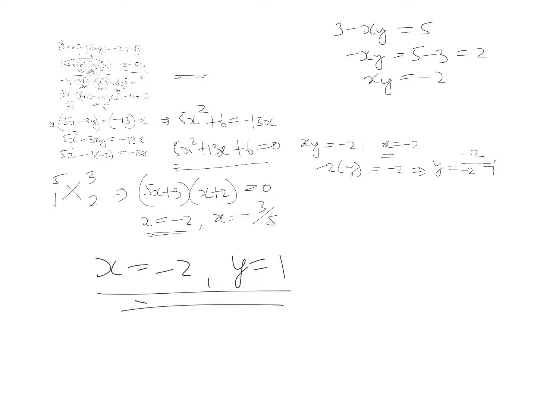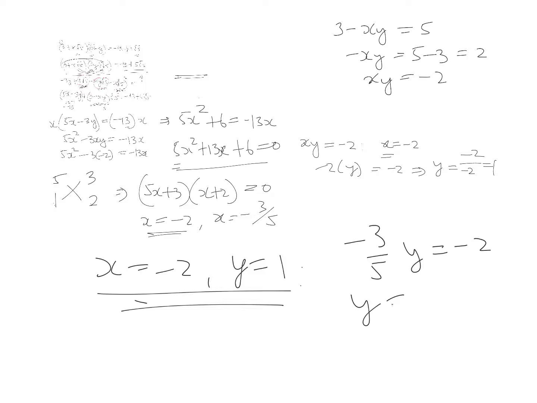I'm not sure why they decided not to go ahead and give us the other case, if we use x is equal to negative 3 over 5, then figure out what y is. So let me see if we did that. If x was negative 3 over 5, so you have negative 3 over 5 times y is equal to negative 2. So if I cross multiply, 5 2s are 10, negative 10. Okay, negative 10.